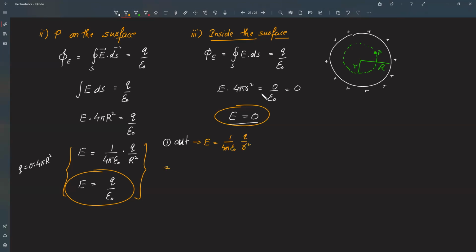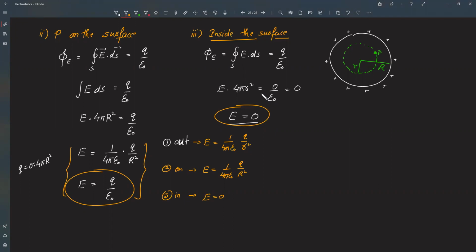When it is on the surface, E is equal to 1 by 4 pi epsilon naught q divided by capital R square. And when it is inside the surface, the electric field is equal to 0, right?